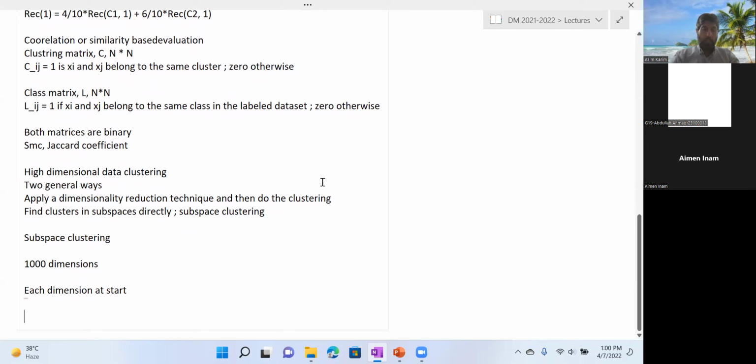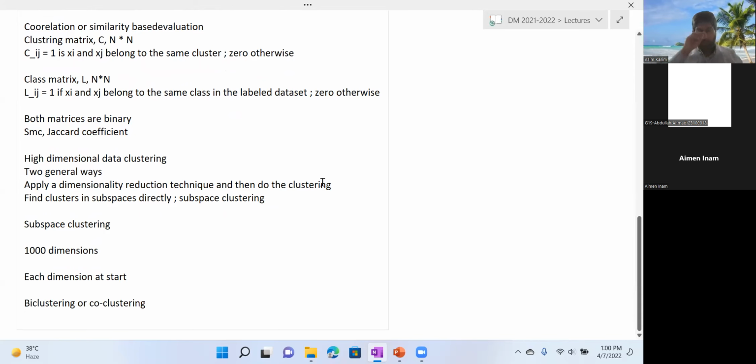The other idea I wanted to mention was what is known as bi-clustering or co-clustering. This is essentially somewhat similar to what we have talked about in subspace clustering, but usually it is studied as a separate subheading under clustering.